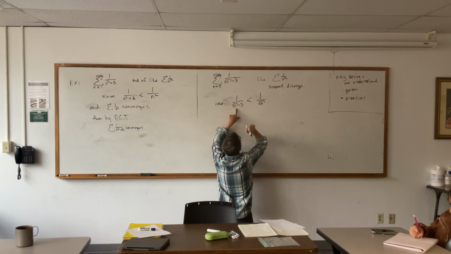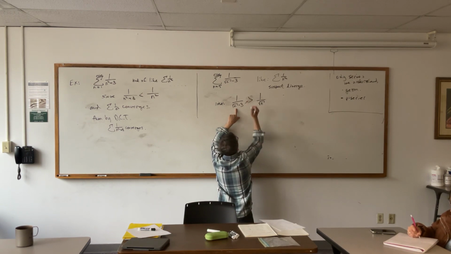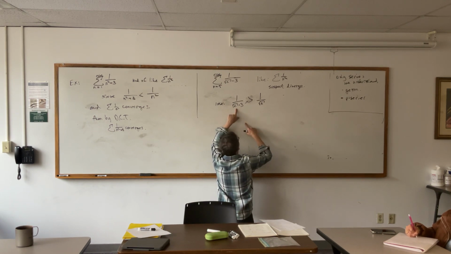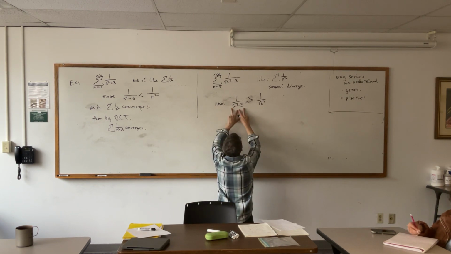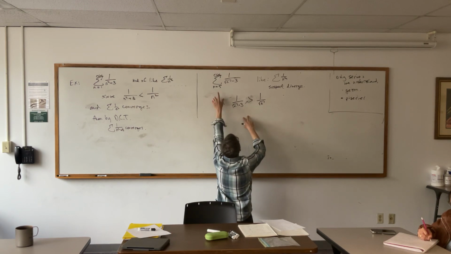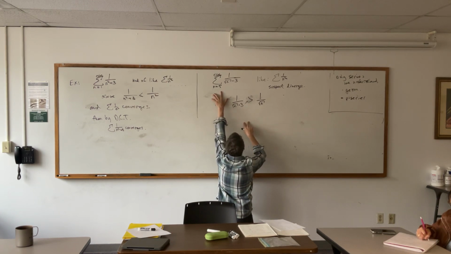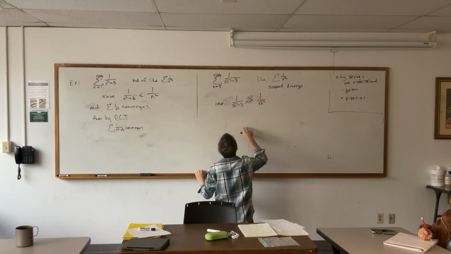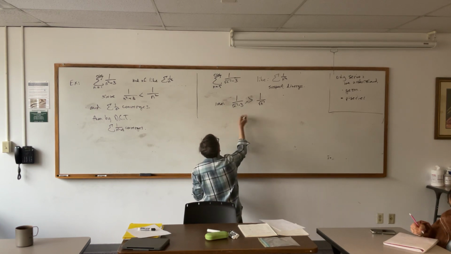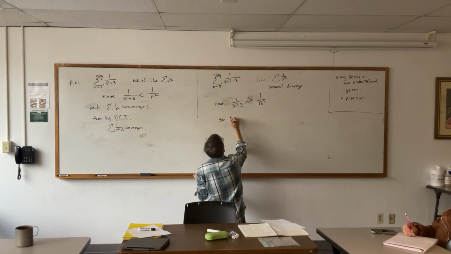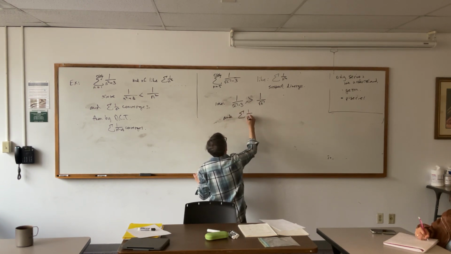Sorry, smaller denominator means bigger fraction. So this one's bigger. Notice I started at n equals 5. There's no worries about dividing by 0 or anything like that. So let's see this. This and this diverges.